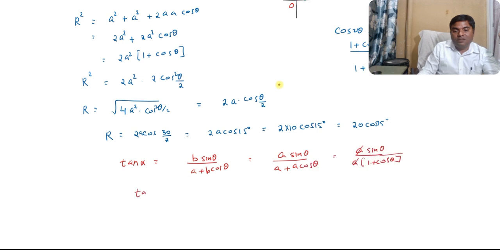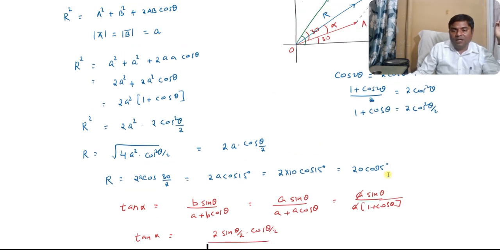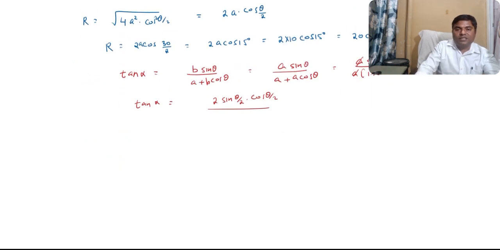So we can write tan alpha is equal to sin theta, which can be written as 2 sin theta by 2 into cos theta by 2, divided by 1 plus cos theta, which can be written as 2 cos square theta by 2.